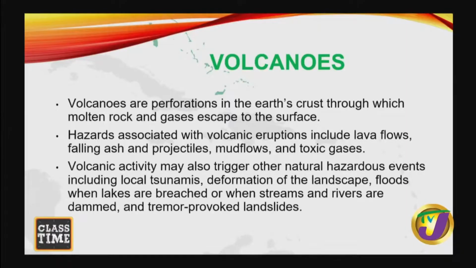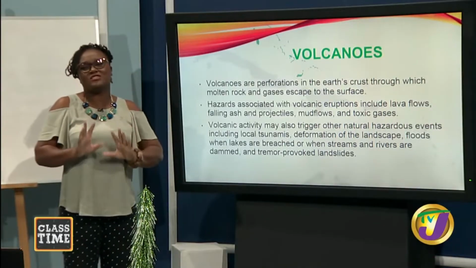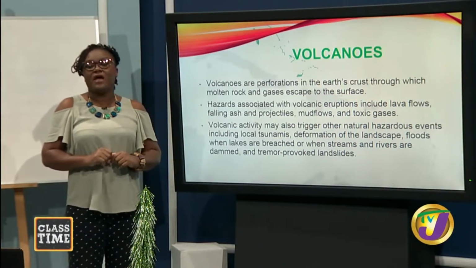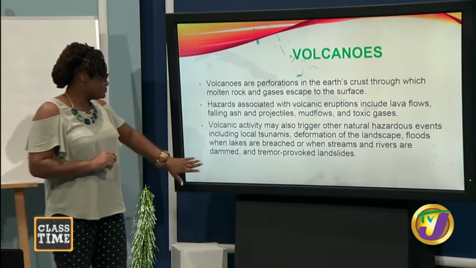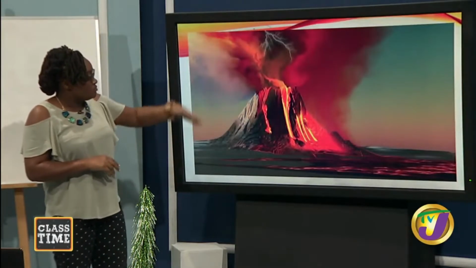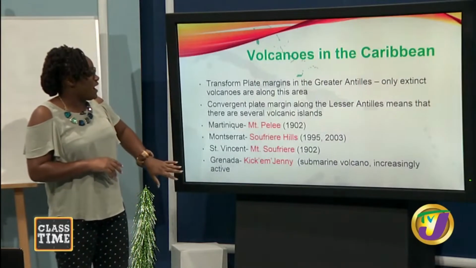And volcanic activity may also trigger other hazardous events, including tsunamis. Now, it is said that the idea of a tsunami is actually not so common in the Caribbean and not much likely, but it could still happen. All right? So, obviously, we know what erupting volcanoes would look like.